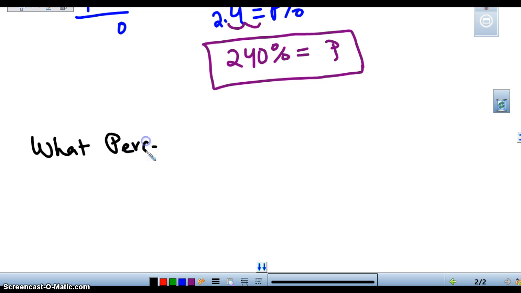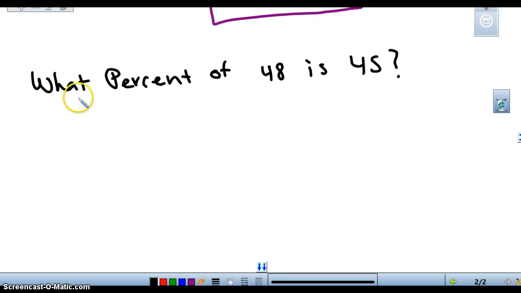What percent of 48 is 45? A equals P percent of B. A is the part, and B is the base, also known as the whole.